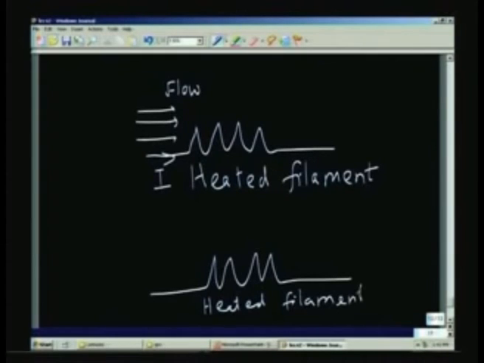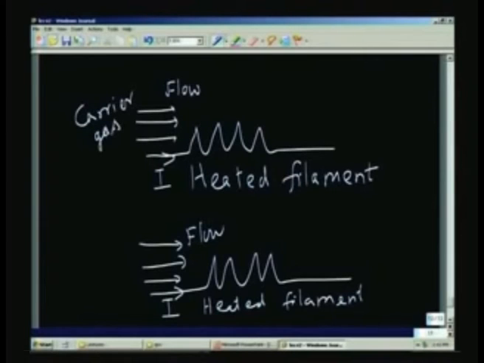Identical filament, and I have the identical current. I am having another flow here, and let us say this is carrier gas, one of the gases which we had.